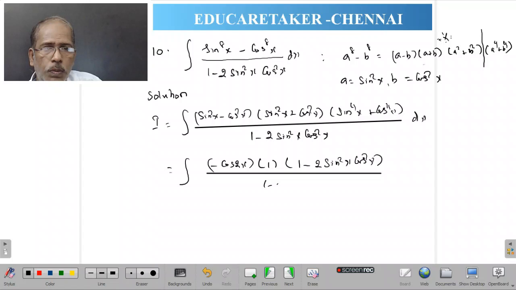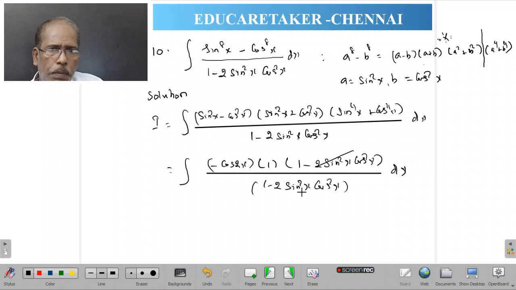1 minus 2 sin square x cos square x. And to go to the lowest form, the common factor can be cancelled between the numerator and the denominator. Then minus integral of only cos 2x is left for integration.